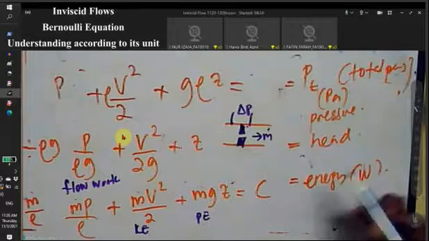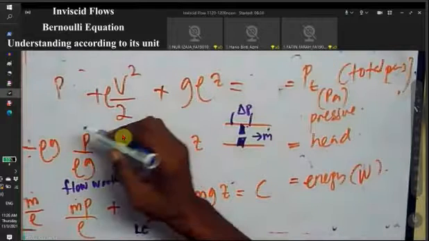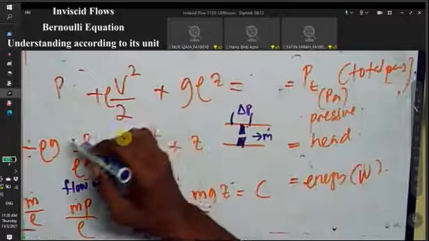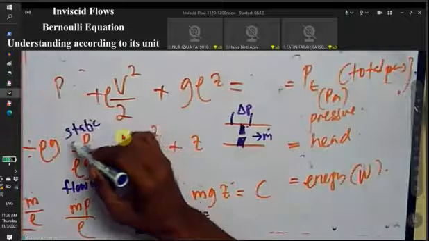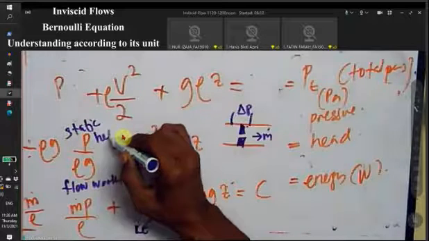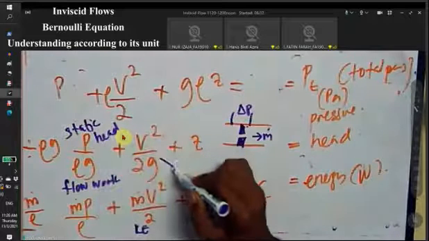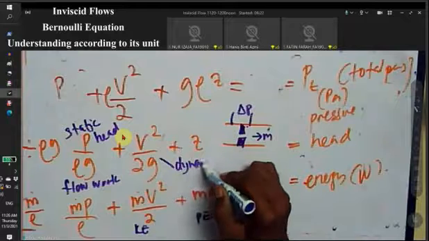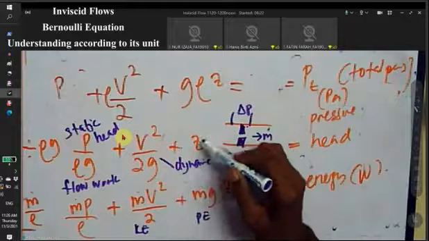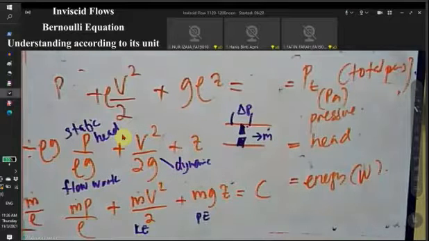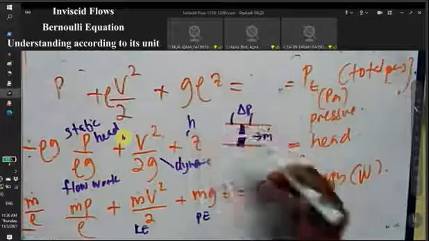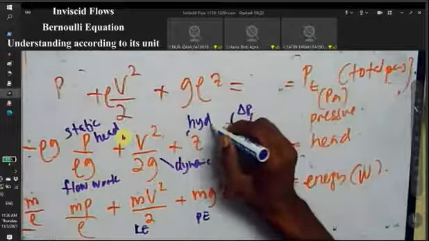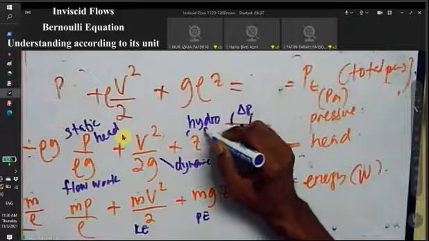For these heads, we have what we call the static head, the dynamic head, and then the hydrostatic head, or potential head. This is normally what they call it.